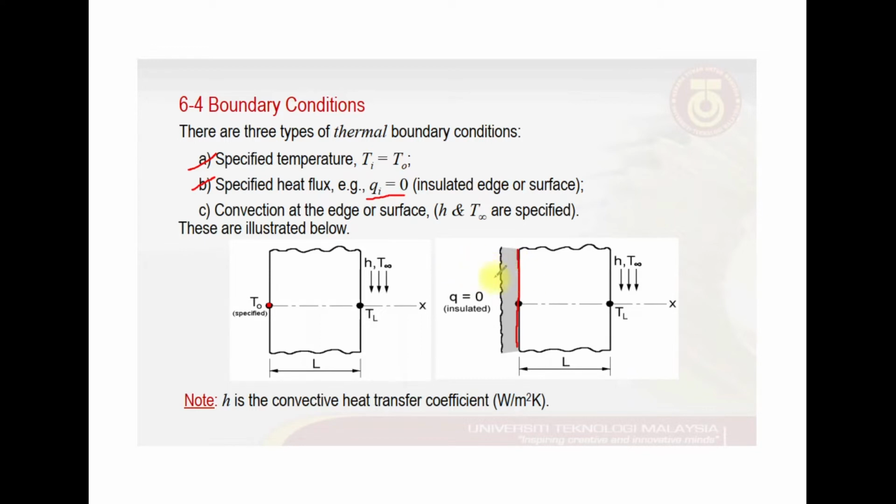It is an insulator that prohibits the heat from transferring into or leaving this surface. And the third one is known as convection at the edge of the surface.